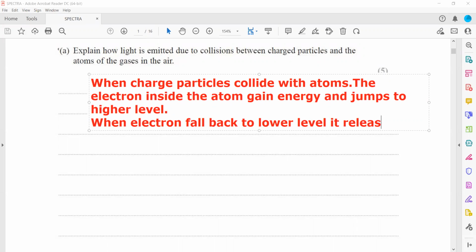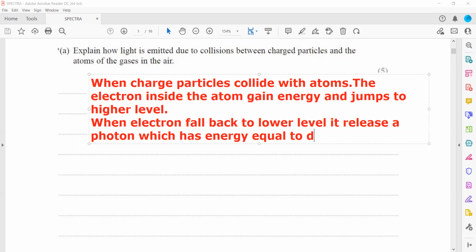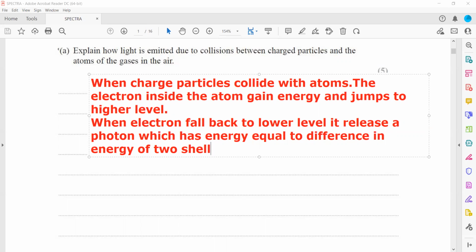it releases a photon which has energy equal to the difference in energy of the two shells, and the energy emitted depends on the difference in the levels.